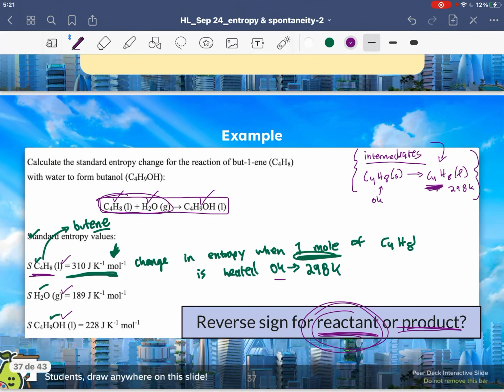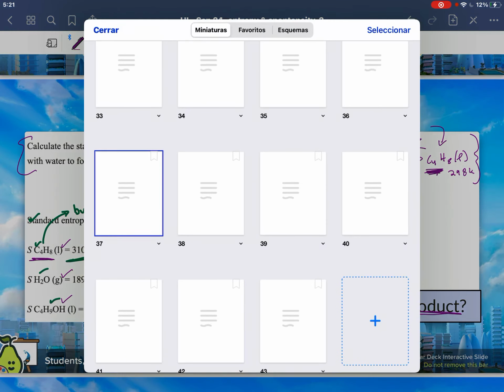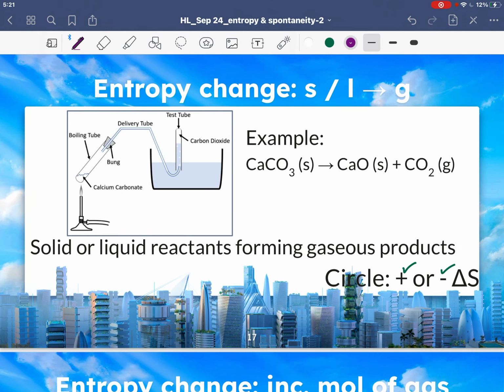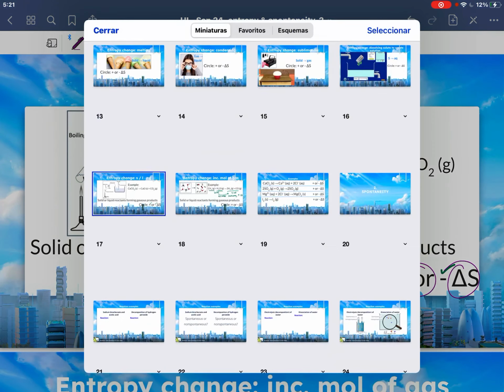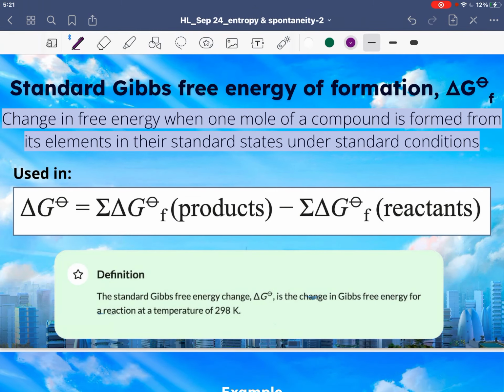So this first calculation is really just putting a value on those initial things that we did way at the beginning of class when we looked at whether processes had positive or negative entropy changes. All right, the other math that we saw right at the end of class today was, of course, Gibbs free energy. So change in free energy. Someone at the end of class stopped and asked, what are the units?